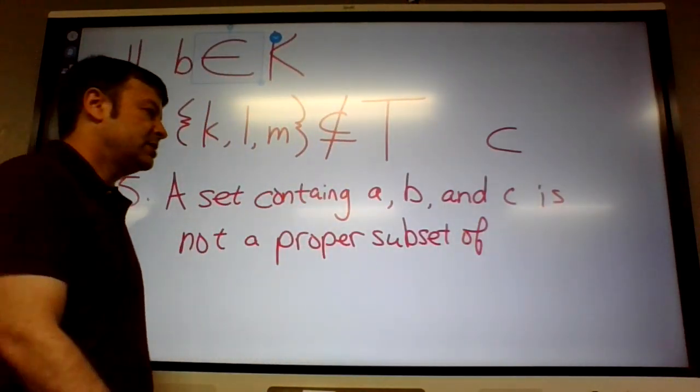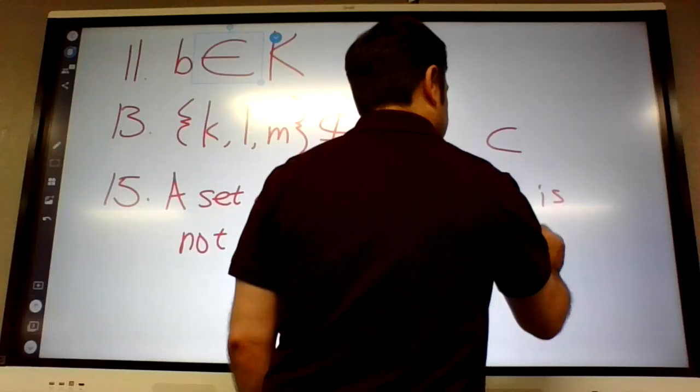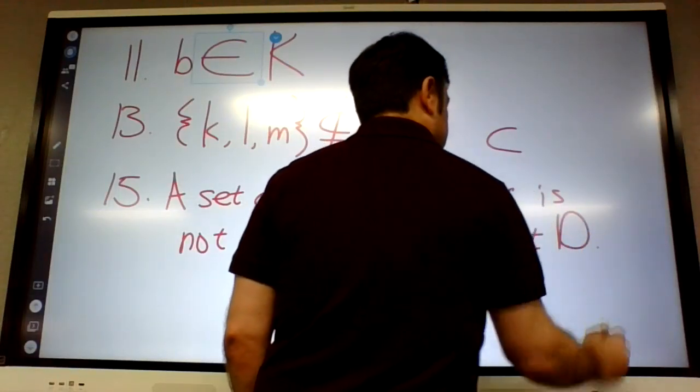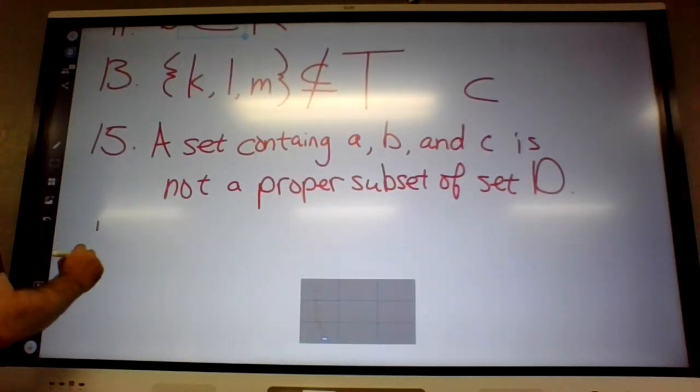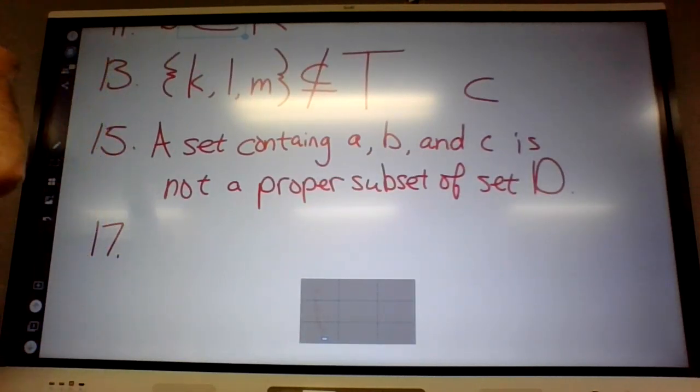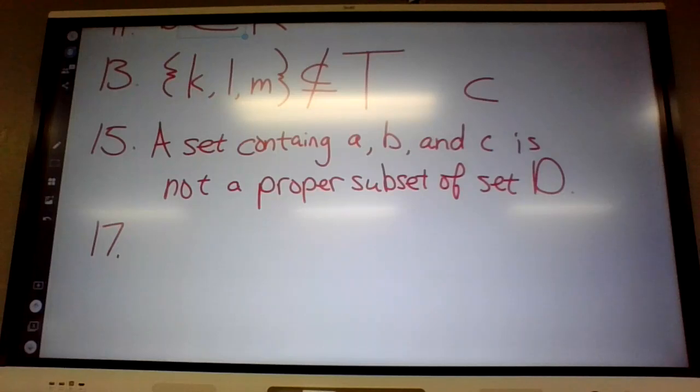Of set D. It's basically 15 but backwards, almost. Anyway, or 15 is 13 backwards, that's what I meant to say.